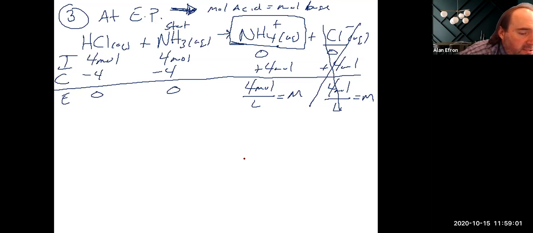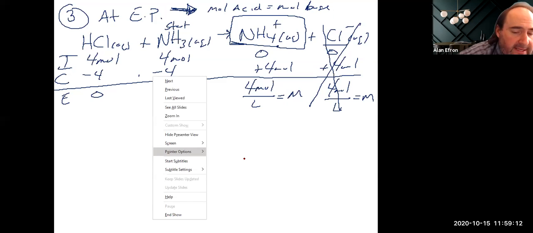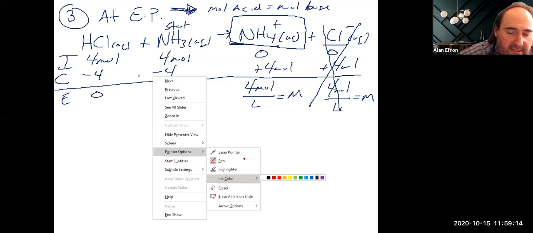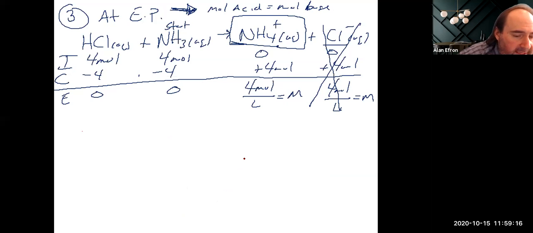So here, much like the last one, after we produce that NH4+, it will continue to react in a hydrolysis reaction, and we will need a second reaction and a second ICE table.